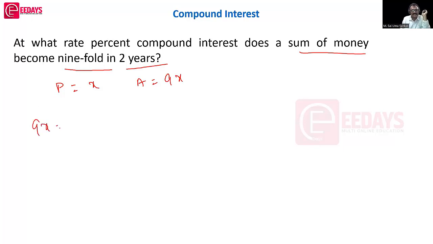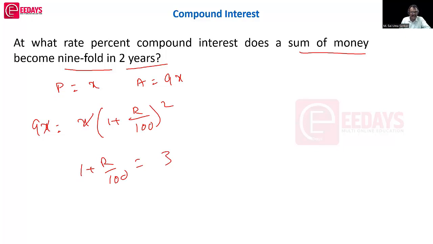So 9x is equal to x into 1 plus we require rate of interest by 100 whole to the power of t. x gets cancelled. So 1 plus r by 100 is equal to 3, right? 9 equal to 3 square. Square gets cancelled. So what is the r by 100? Is equal to 2. So what is the rate of interest? That is equal to 200%.